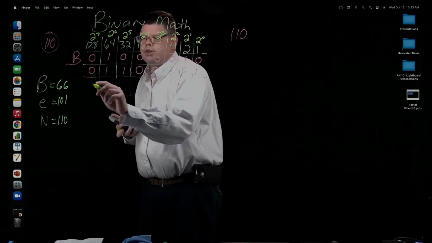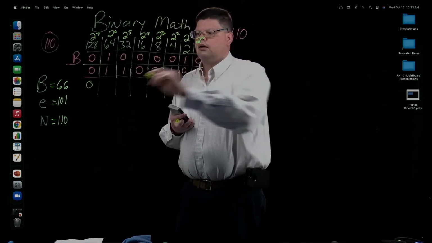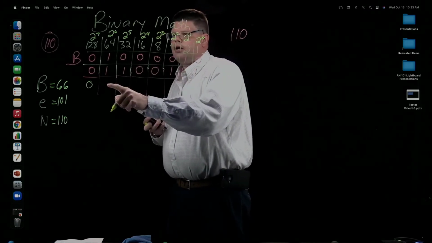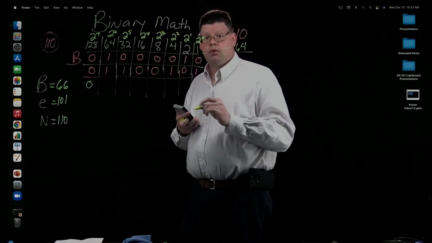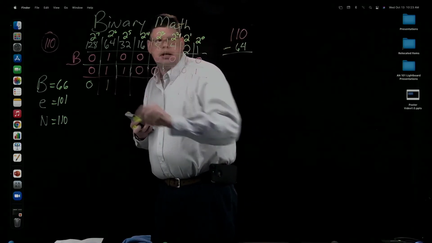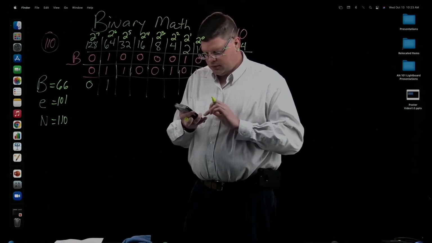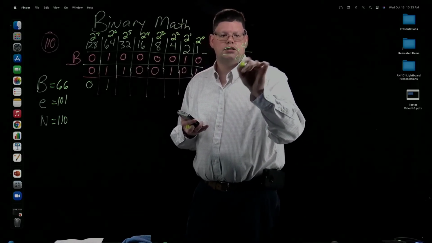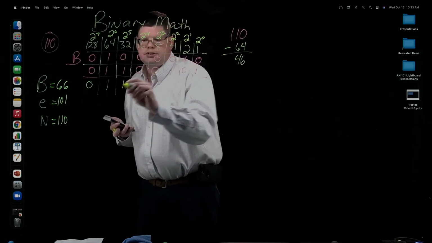Can you buy something for 128? No, you can't. So we're not going to do anything there. Since we have 64, we can subtract out 64. So we're going to put a 1 there. 110 minus 64 leaves us with 46. So if we have 46, can we buy something for 32? Yes, we can.